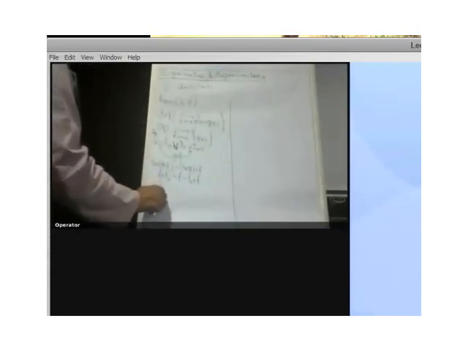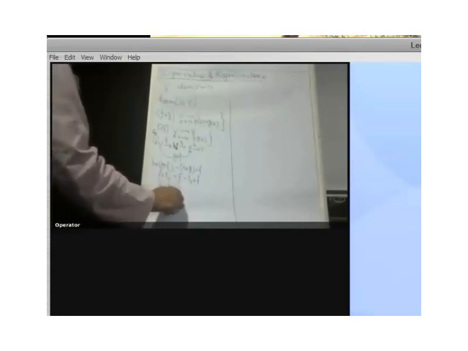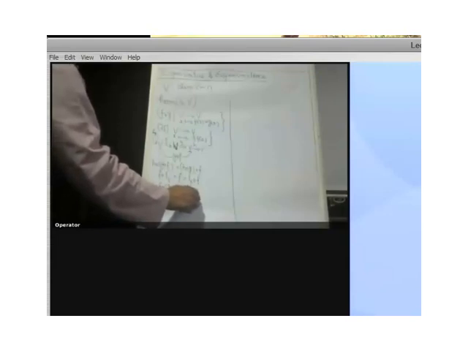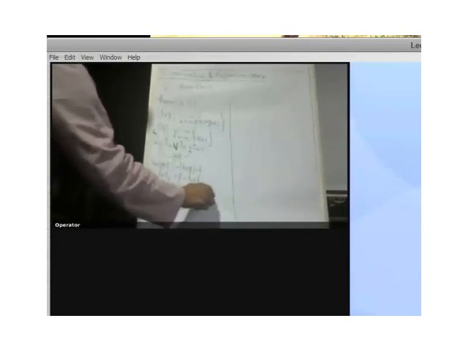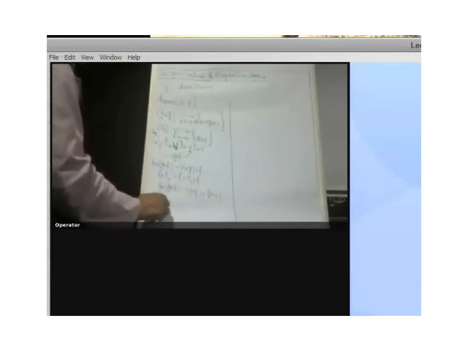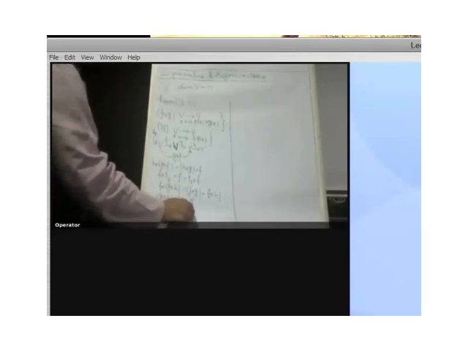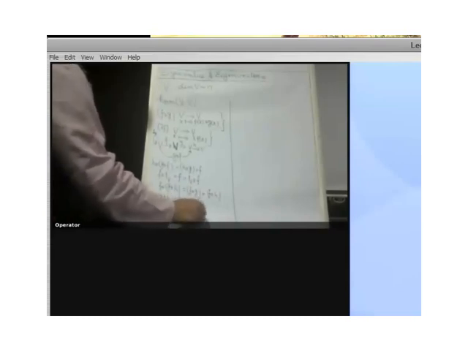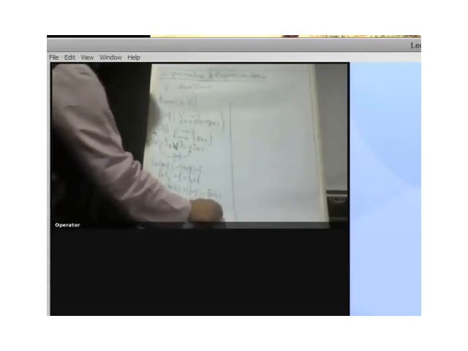And it distributes over addition, as well as the other side. Okay?